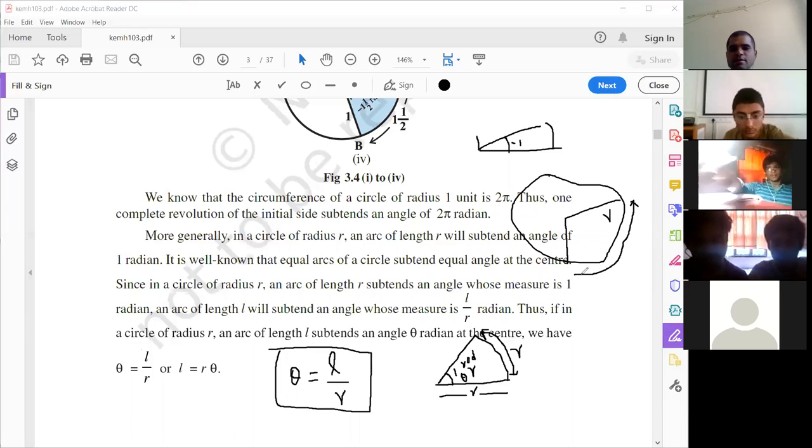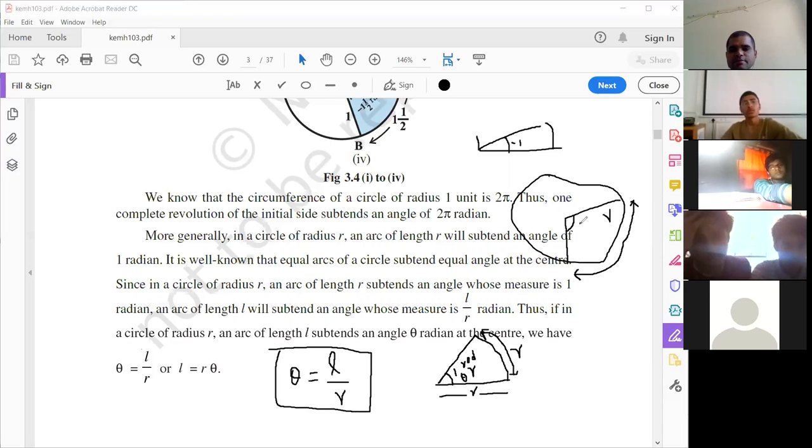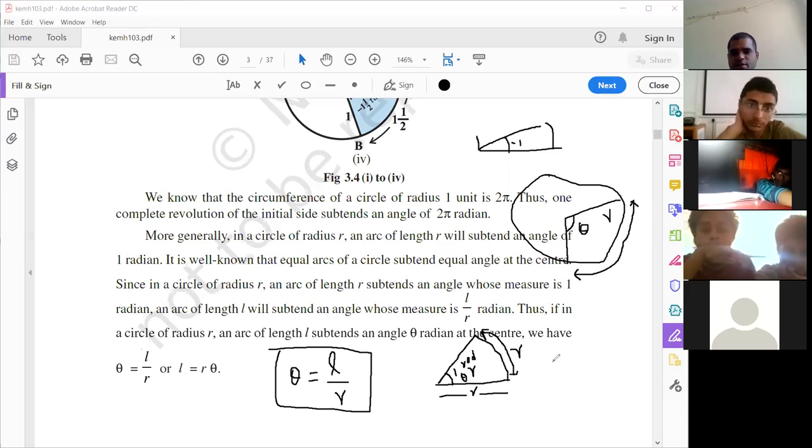This is our arc. So if you know this angle theta in radians, then the length of this arc will be L is equal to r theta.